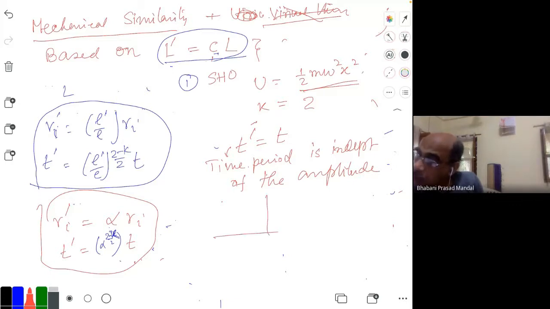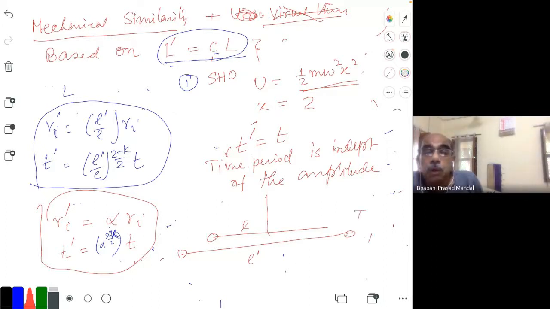When you have a simple harmonic oscillator, whether it is oscillating with the length L or L prime, this total distance does not matter. The time period is the same in both cases. We are getting that information from just this simple logic, which is mechanical similarity.